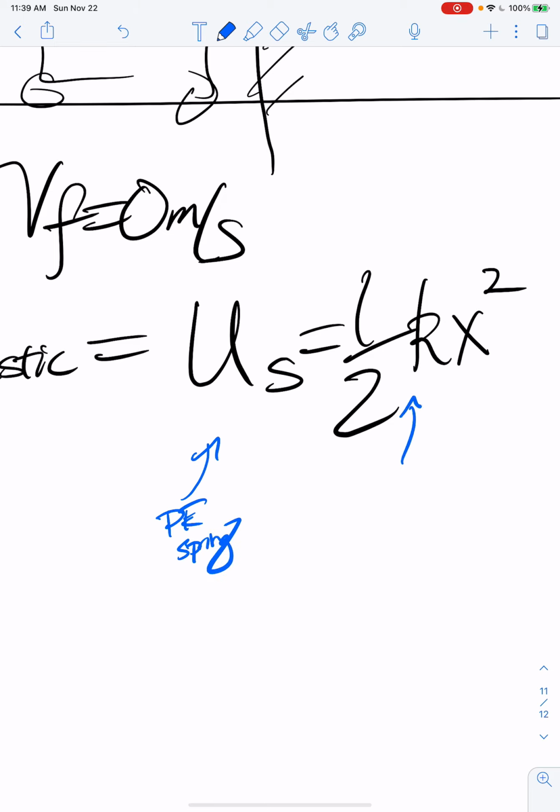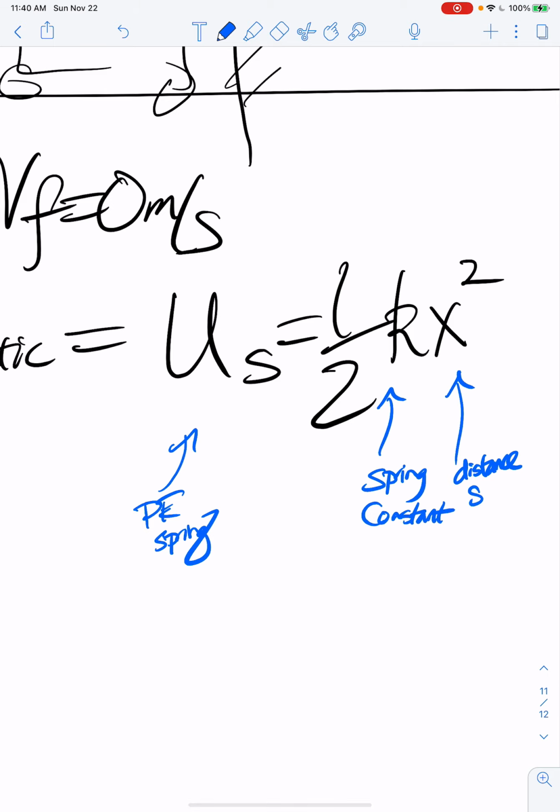This is the spring constant. And this is the distance, so we don't put a sign on it, stretched or compressed from equilibrium.